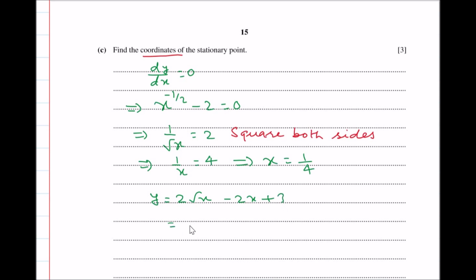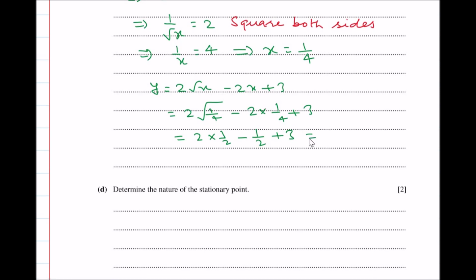Let us put the value: 2 into root 1 by 4 minus 2 into 1 by 4 plus 3, that is equal to 2 into 1 by 2 minus 1 by 2 plus 3.